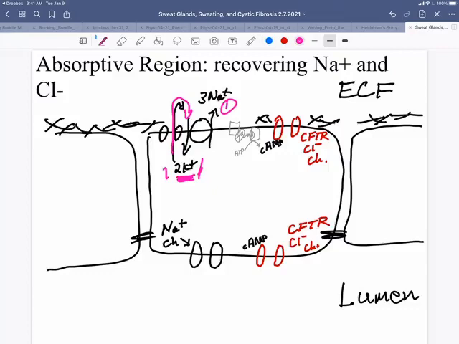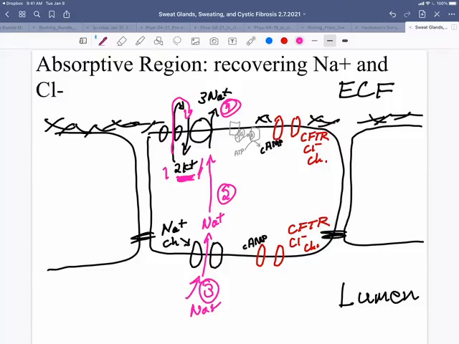In the absorptive region, there is a sodium channel and other sodium transporters that allow sodium to move across. And there's also a cystic fibrosis channel. The low sodium inside brings sodium into the cell, so we remove sodium.